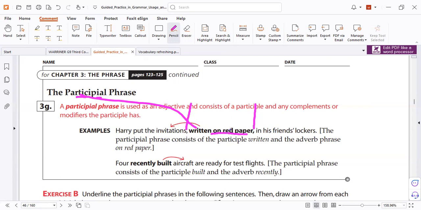So this phrase modifies what is written on the red paper invitation, not Harry, not the lockers. But where are the invitations? In his friend's lockers, not the paper in the lockers. The invitation is written, but the invitation is in the lockers.